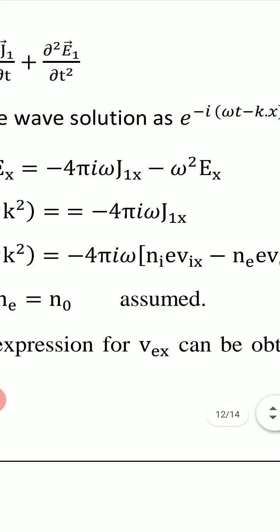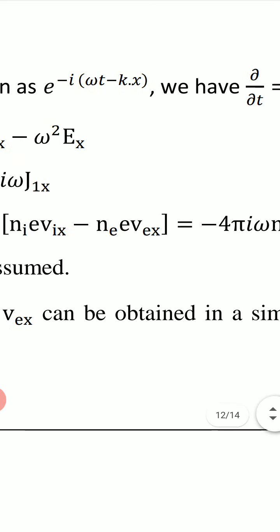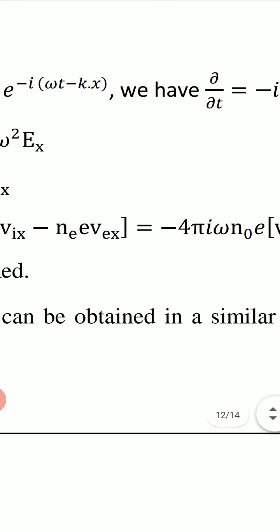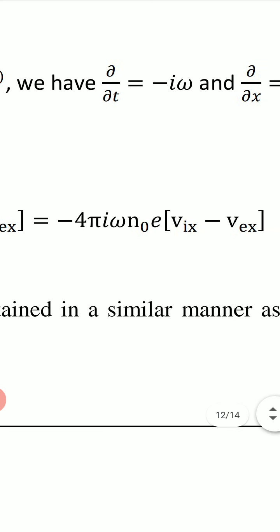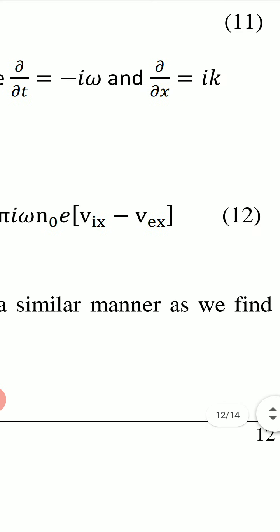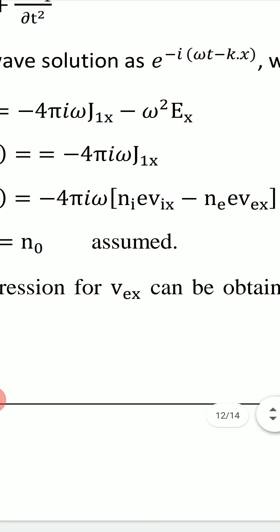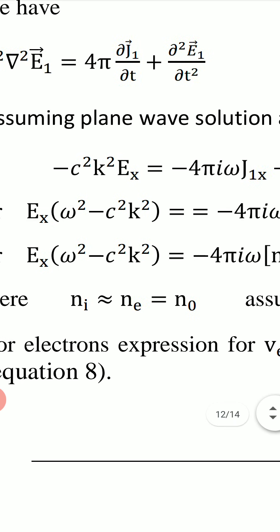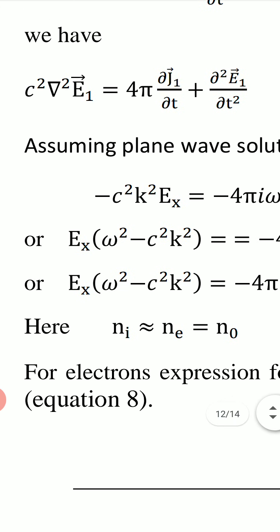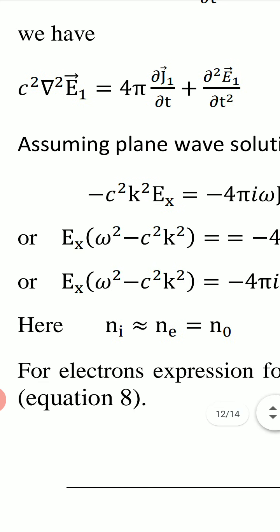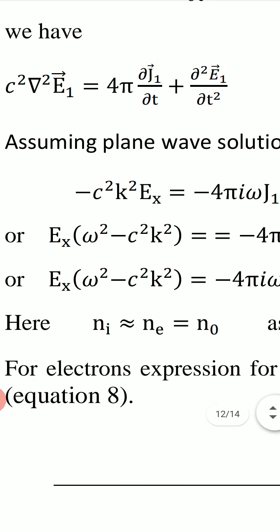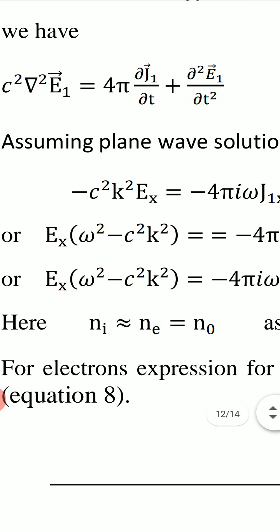Assuming plane wave solution as e to the power minus i omega t minus kx, we have delta upon delta t equal to minus i omega and delta upon delta x equal to ik. So we have c square minus c square k square Ex. Now it is del square.